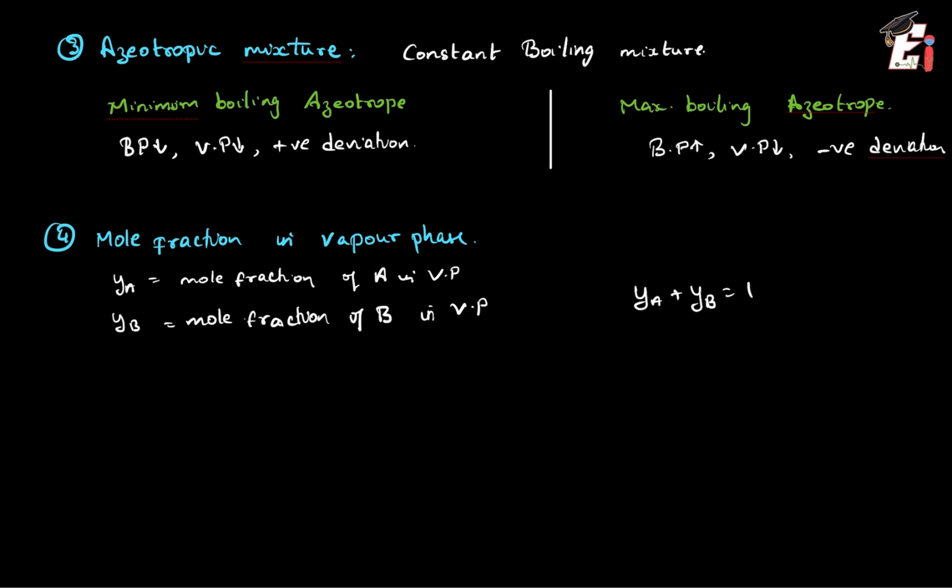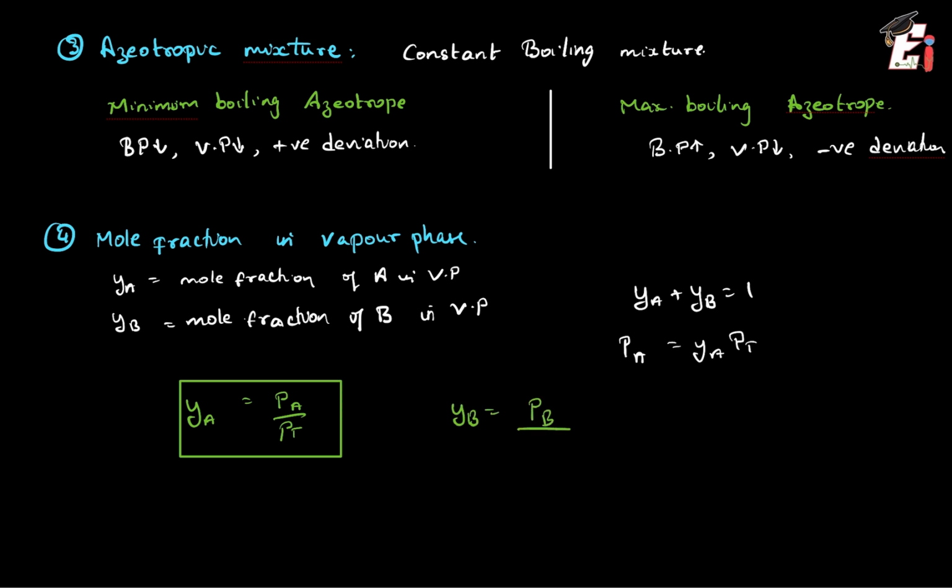So you know that. Right now if you see, PA is equal to YA PT. So what you are going to get here, mole fraction of A is equal to pressure of A divided by total pressure. YB is equal to pressure of B divided by again total pressure. These are the formulas.